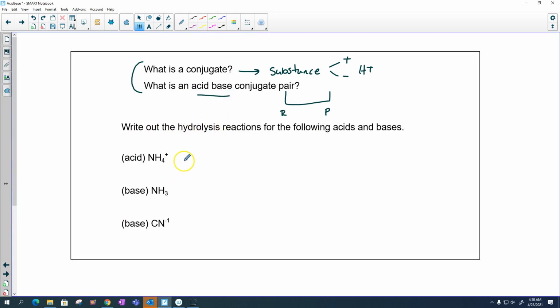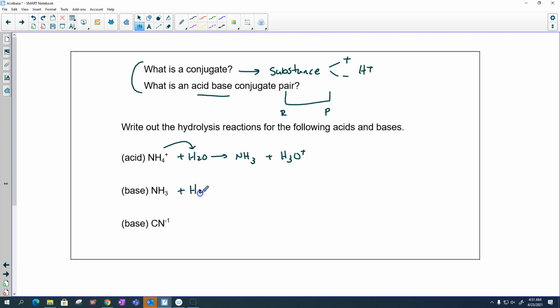Alright, back. NH4 plus, plus water yields NH3, because it's an acid and it's going to donate, so that's what's left over, plus H3O plus. I'm going to do all the reactions first, and then I'll link them as we come back. This one is now a base. Let's run this one through.